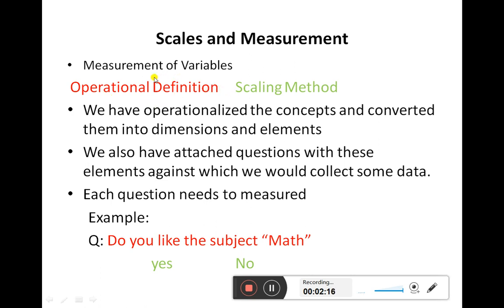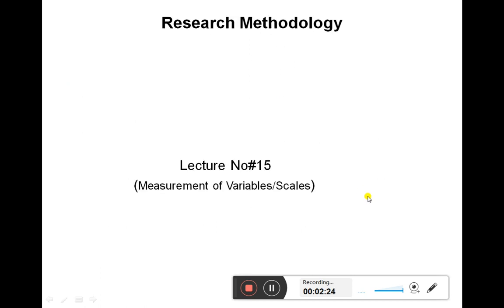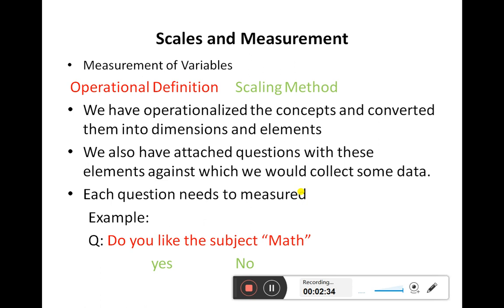Now, today the next method of measurement of variables is the scaling method. Here, in the lecture, I mentioned the measurement of variable, and here I have mentioned the scaling method or scaling techniques. Now what does it mean?